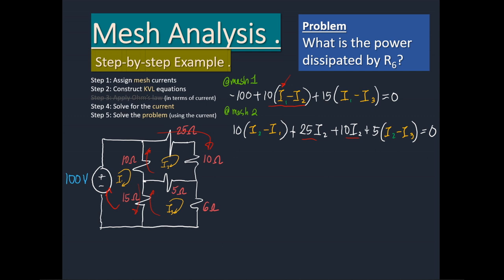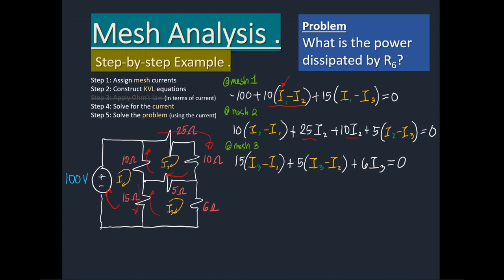You don't need to worry about whether it is positive or negative, and you don't think about the voltages here. You just simply follow this step. This is a simplified shortcut. Then we have 5 ohms here. I2 is the reference, so I2 is positive, and I3 is opposing I2, so it's negative. That's our second equation.